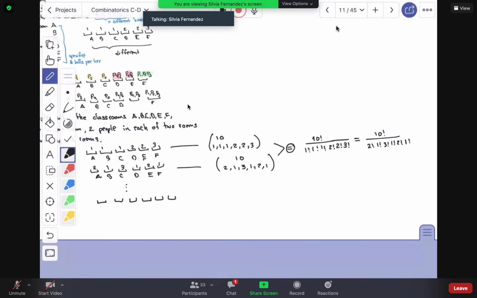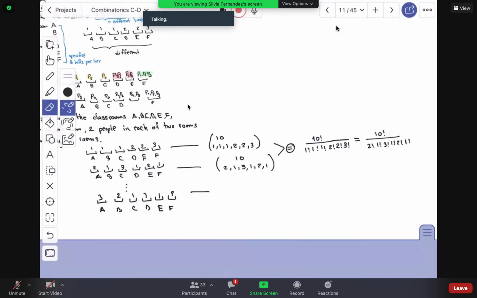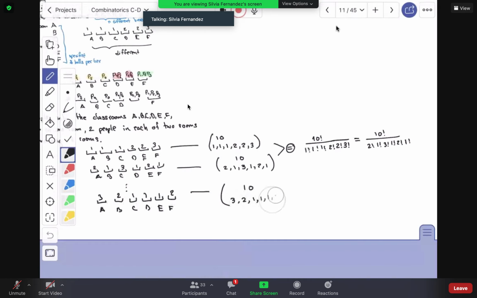Any of the choices that we have here is going to have the same answer. A, B, C, D, E, F. I could have the 3 people in A, 2 people in B, 2 people in F, and 1 in the other rooms. I could have something like that, and that will give me this multinomial 10, 3, 2, 1, 1, 1, 2. But that's also the same as the others.